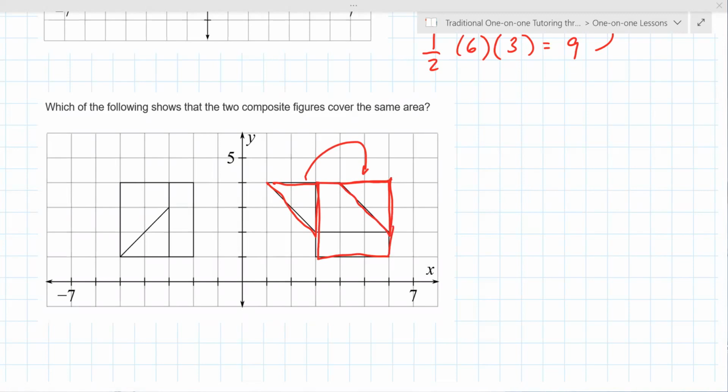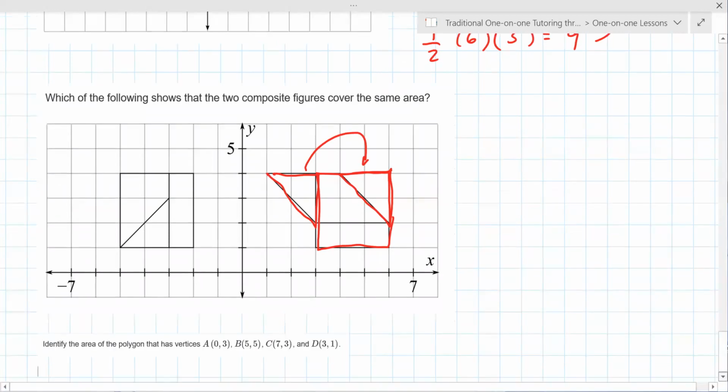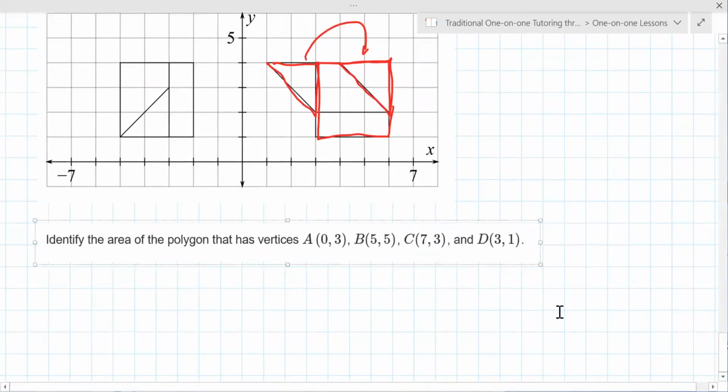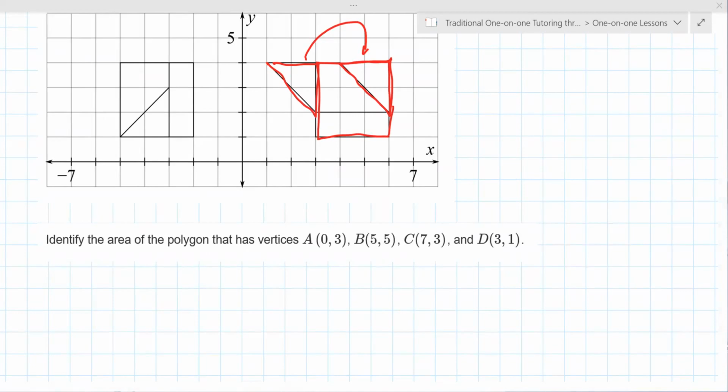Okay, so new problem here. Do you have your Desmos open? Yes. Okay. So what I want you to do is graph these 4 ordered pairs. Actually, this isn't going to be all that easy, I'll graph it.